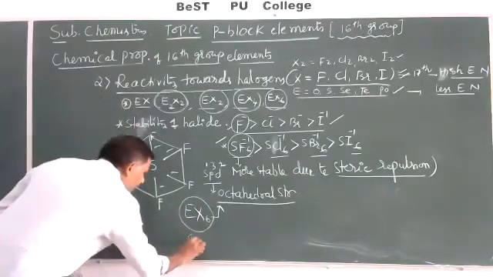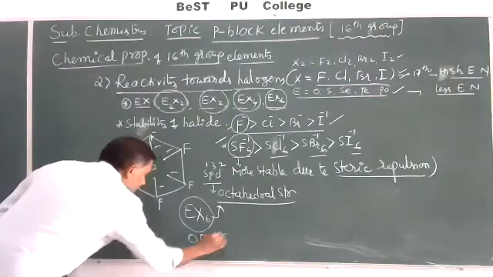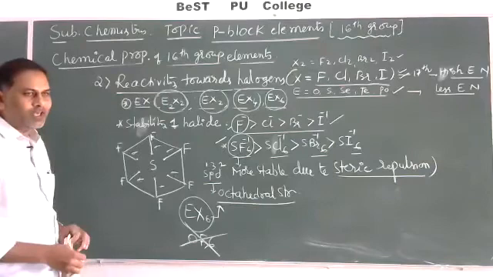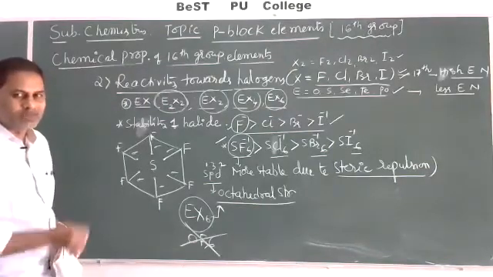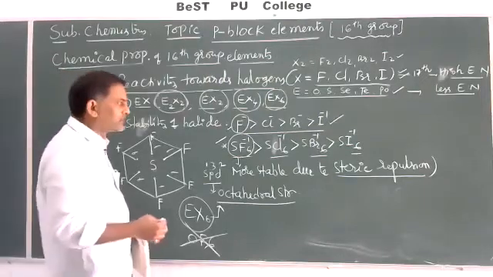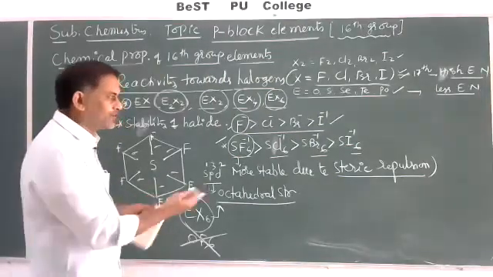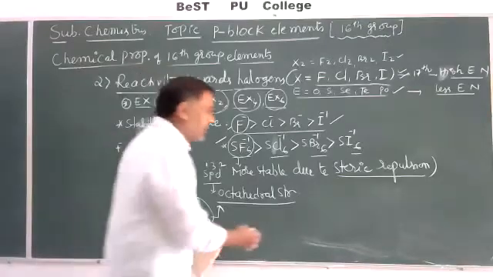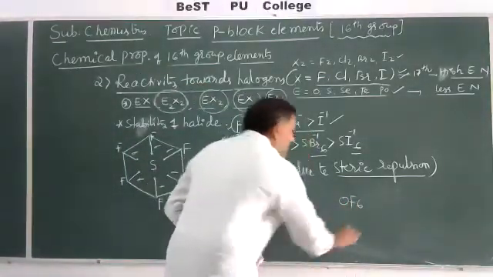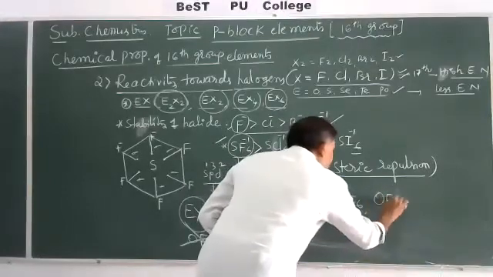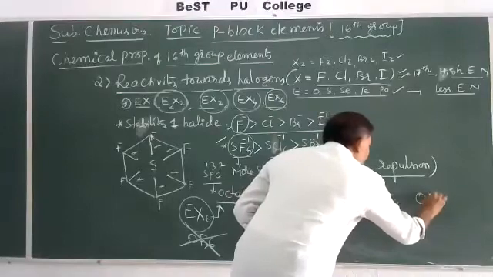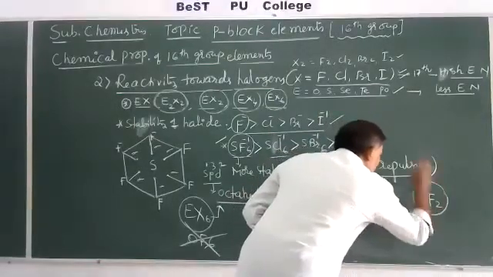Generally here OF6 does not form. Why does oxygen not form OF6? What is the reason behind that? We are concentrating only on sulfur and selenium, not on oxygen. The reason behind that: OF6 is not possible, OF4 is also not possible. Only OF2 is possible.